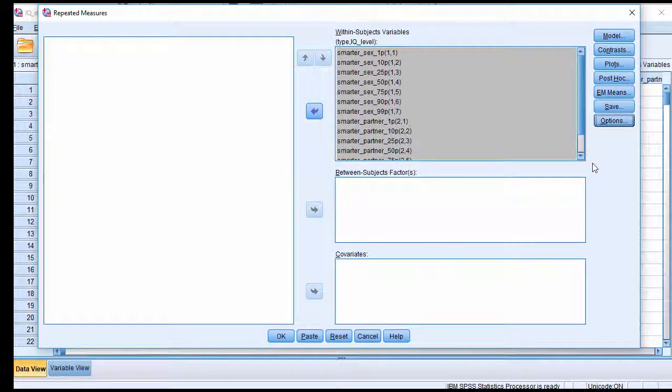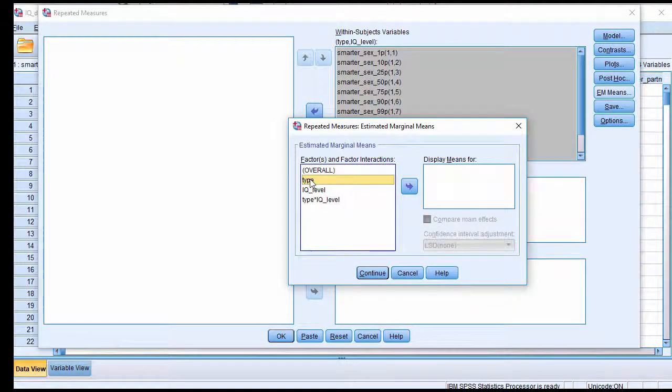Click Continue. And we click on Estimated Marginal Means. If you have SPSS version 25 and above, you should see this button. If you don't, Estimated Marginal Means would be behind another button. Click on Estimated Marginal Means and put all 3 into Display Means for. Do you want to compare the main effects? Well, you could.